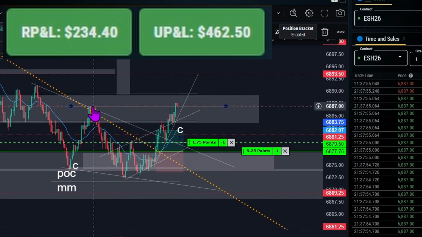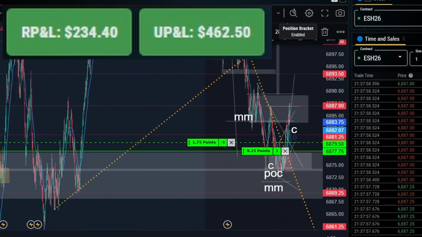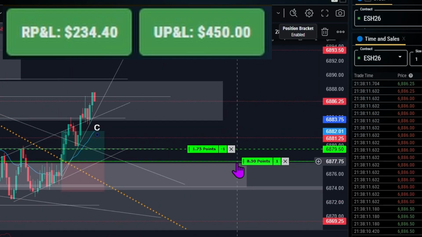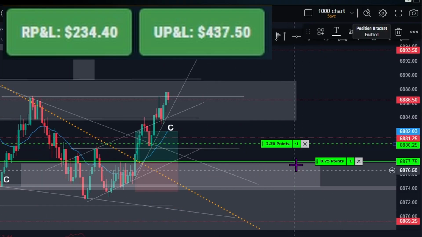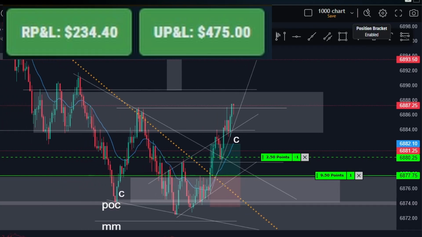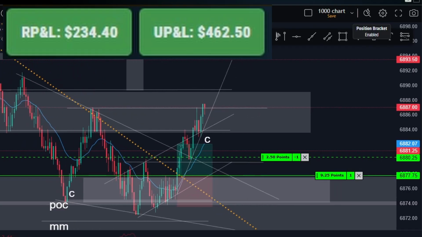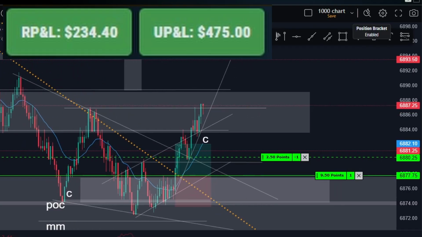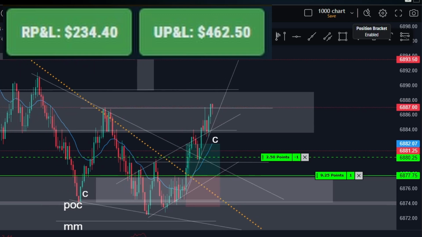So this is now the trap level. So they're trying to push price up, and yes, it works. Probably we see now a retracement back down because of the range.